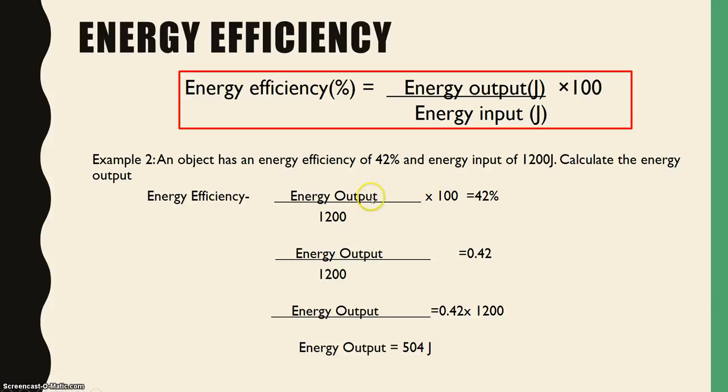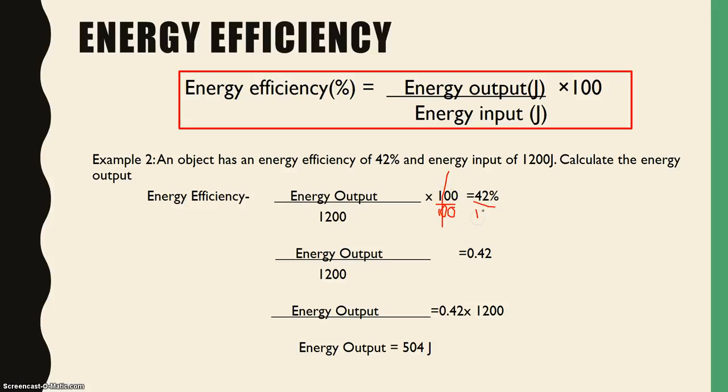So what we need to do is find the energy output and put it by itself. To do that, we do the opposite of what was done last to this number here. The multiply by 100 we can get rid of by dividing by 100. If we divide by 100 over here, that will cancel out the 100 here. But what we do to one side of the equation, we need to do to the other.